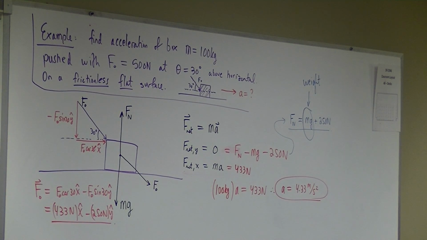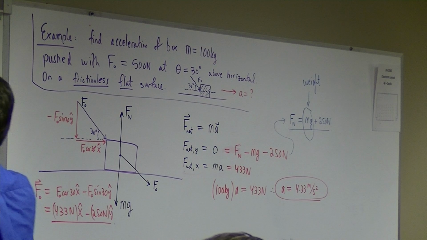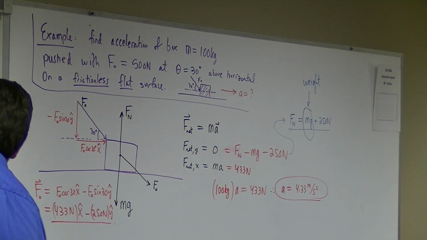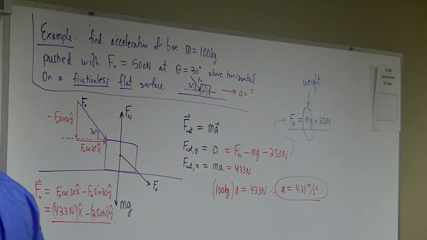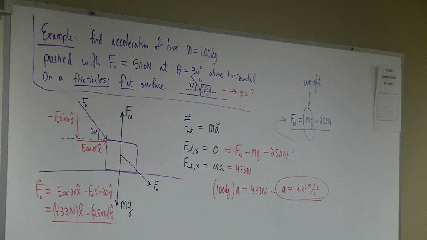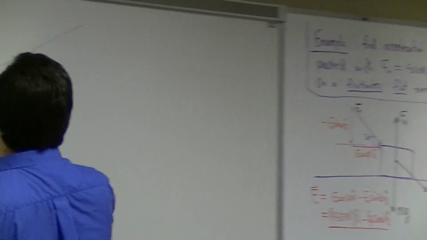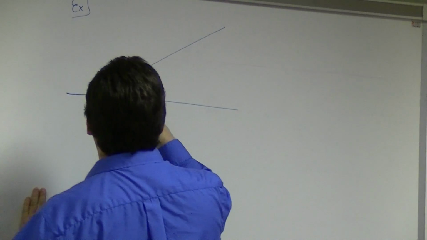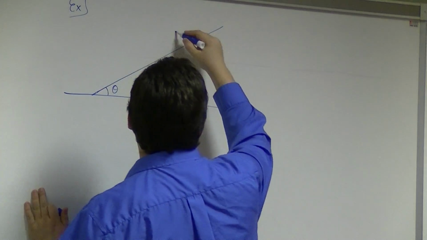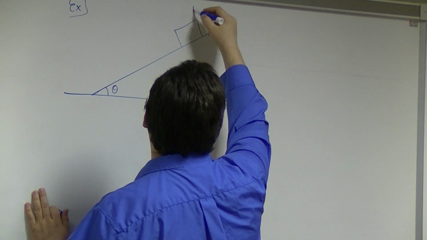I have time for an inclined plane problem. So, the most simple inclined plane problem I can think about would be the following. I have a frictionless incline at angle theta, and I've got a mass, m.